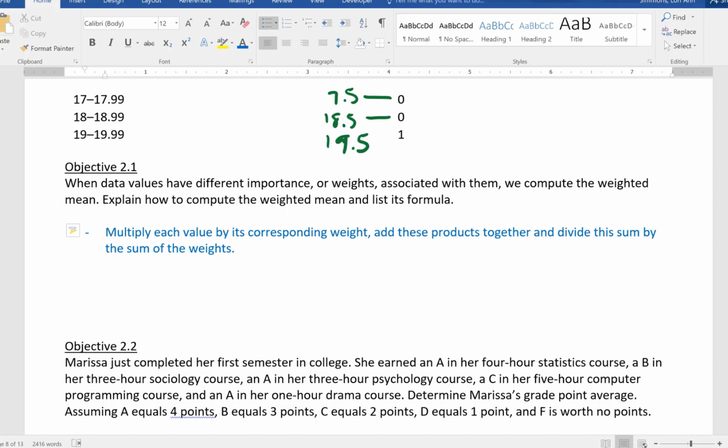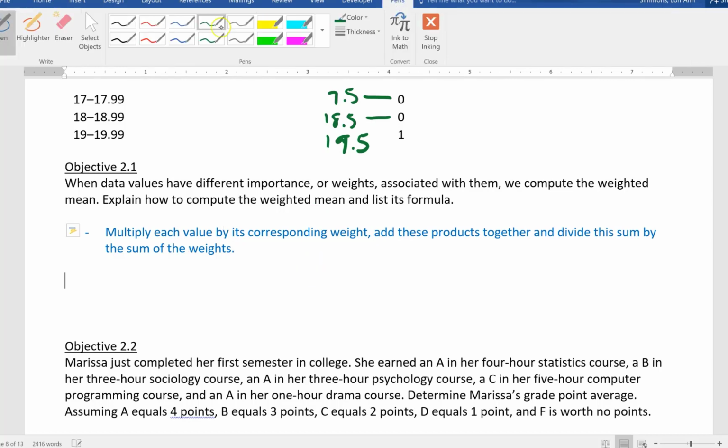Okay, formula. X bar sub W equals the summation of Wi times Xi all over the summation of Wi.